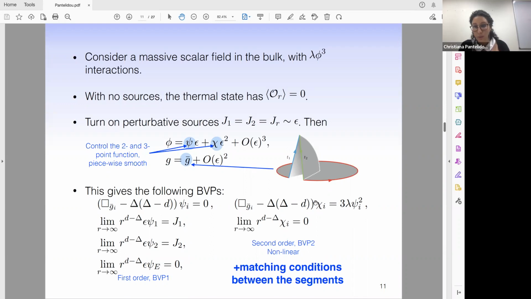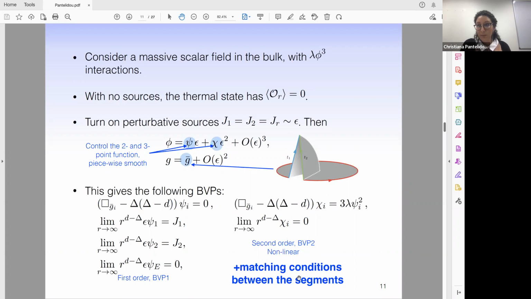Okay, that's precisely what I meant. And now in this case, we want all the segments of the scalar field chi to go to 0. This is because we want to measure the response of the system at order 2, given sources at order 1. Of course, on top of this, we need to impose matching conditions between the various segments.